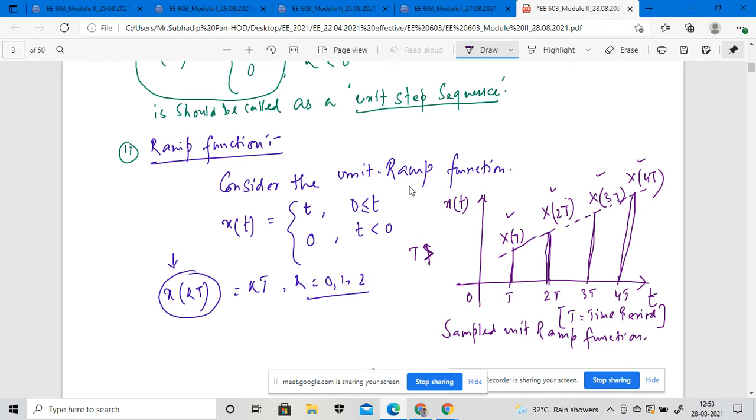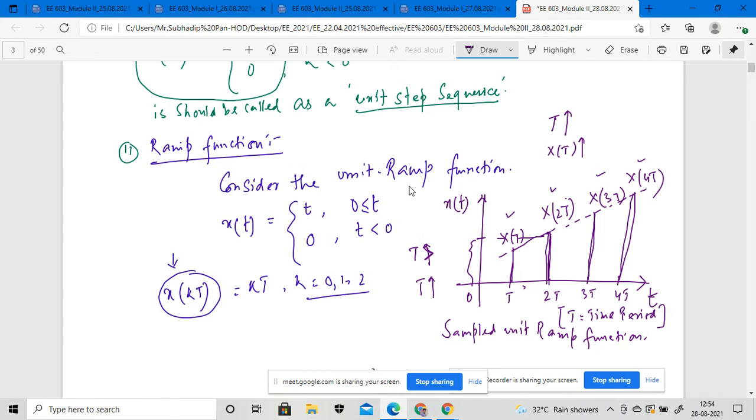Here, this point will be my magnitude, right? So if I increase the time period T, we see that the magnitude of a particular sample value is proportional to the sampling period. Whenever t is increasing, we observe that x of t is gradually increasing in this particular graph, right?